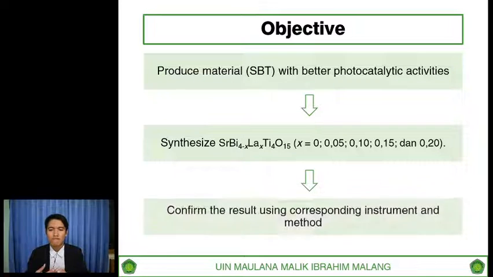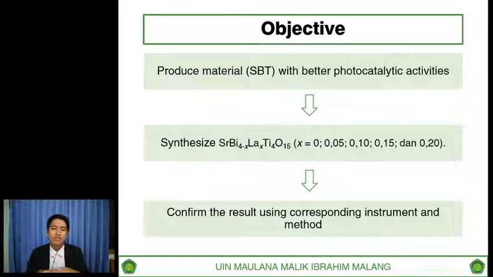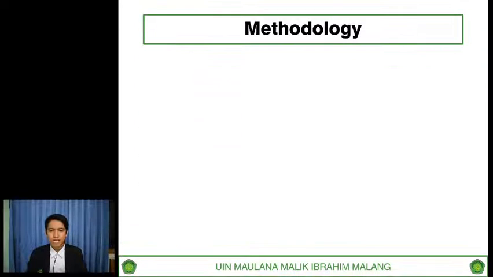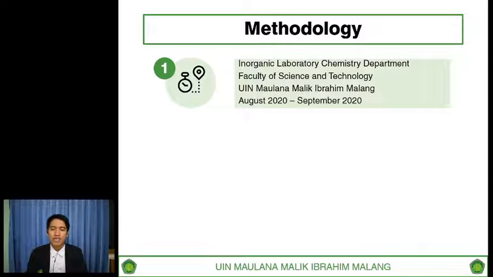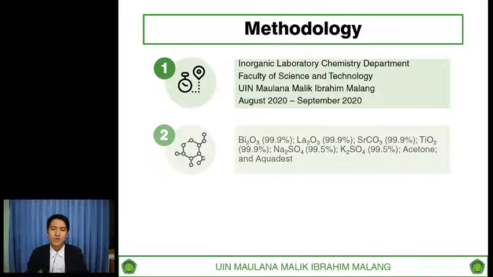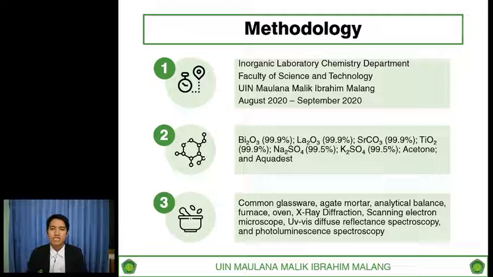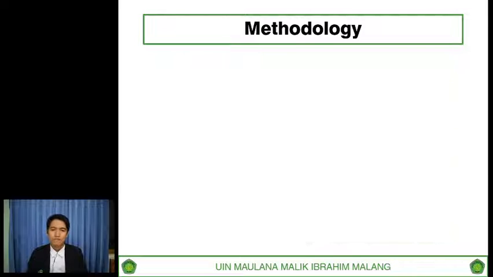And to confirm the result, we use corresponding instruments and methods to obtain crystallographic data and more. And here are the time and place of the research, and the materials that we use.